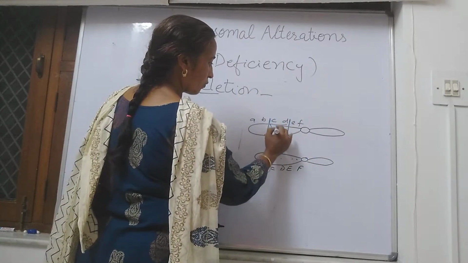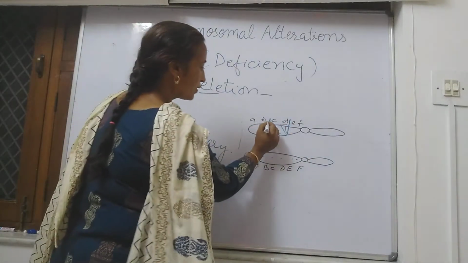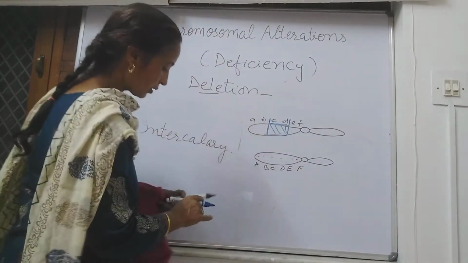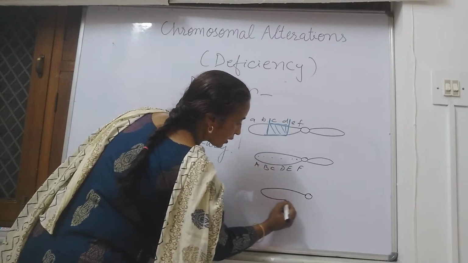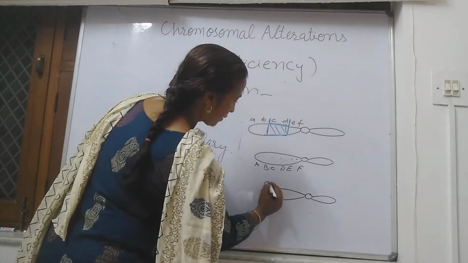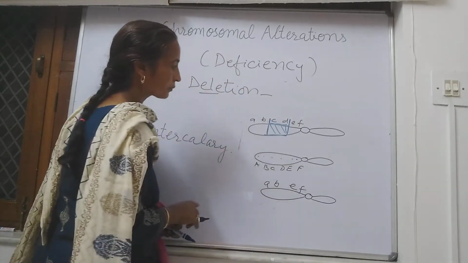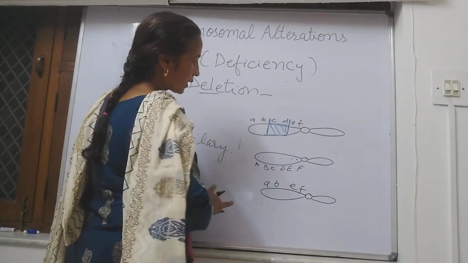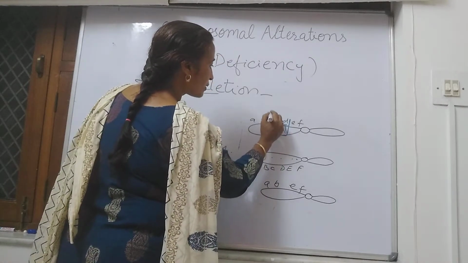This portion of the chromosome is lost. After intercalary deletion, it will be A, B, E and F. The lost segment is CD, and in this case two breaks are there.